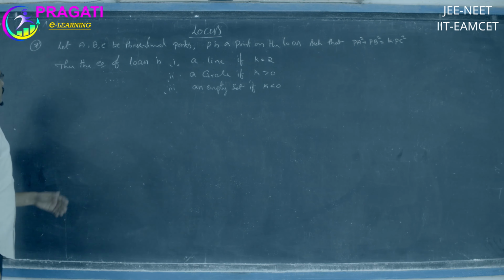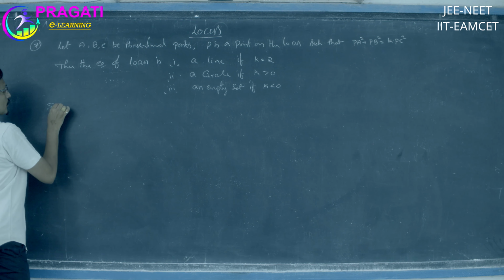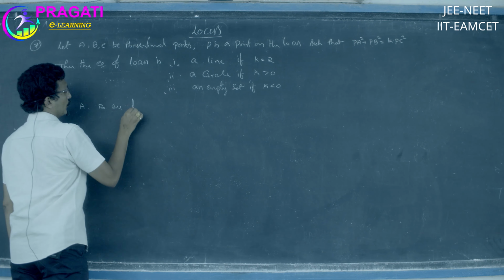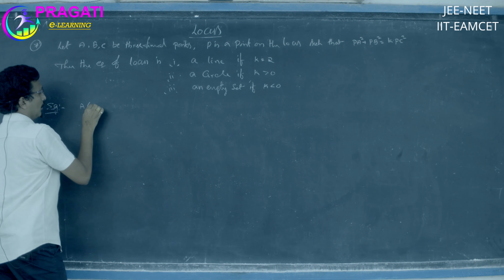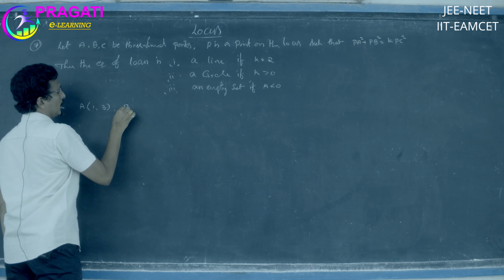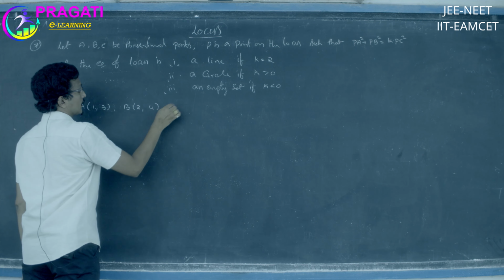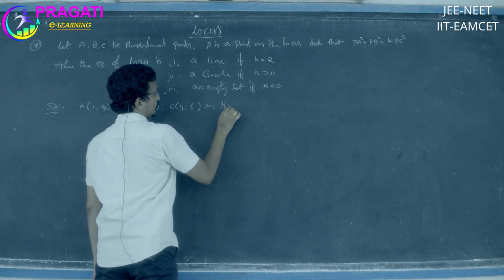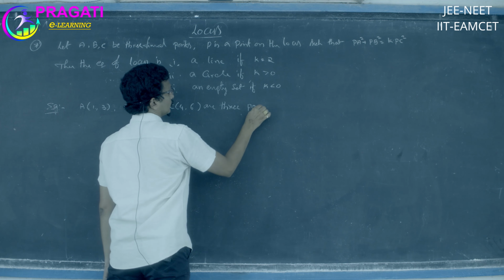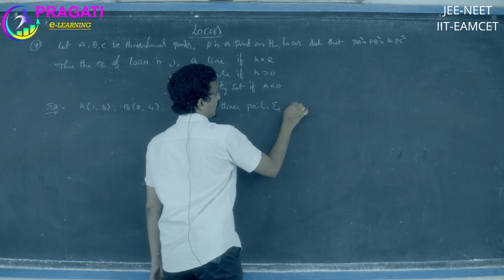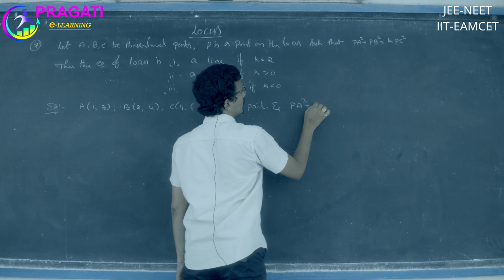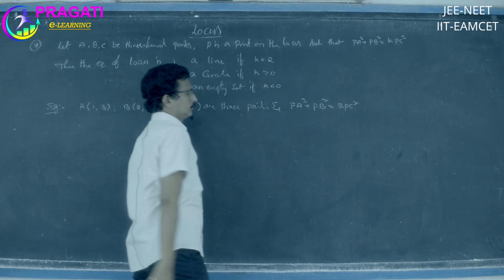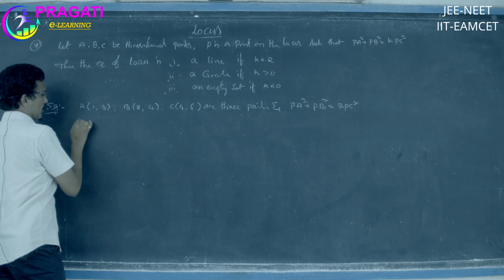One of the examples on this synopsis is, suppose A, B are 2 fixed points. Here A (1, 3), B (2, 4), C (4, 6) are 3 points, and PA square plus PB square is equal to 2 into PC square.